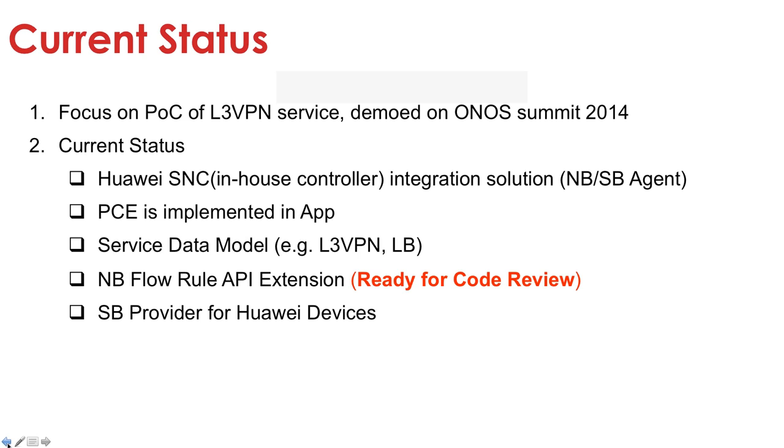The fifth bullet we implemented is the southbound providers, which basically support Huawei's devices. On the protocol, we build an agent between the agent and the outside box. I have some slides I can show you later on.